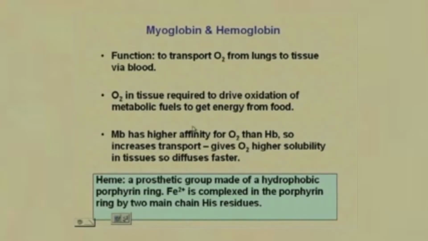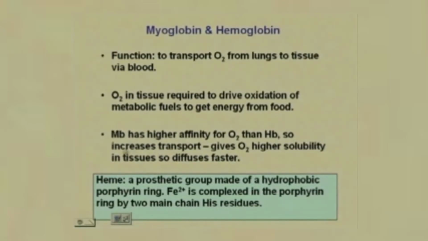We will also see that myoglobin has a higher affinity for oxygen than hemoglobin. So, it increases the transport and gives oxygen higher solubility in tissues, because that is where the oxygen is needed for the energy, for the oxidation of the fuels.